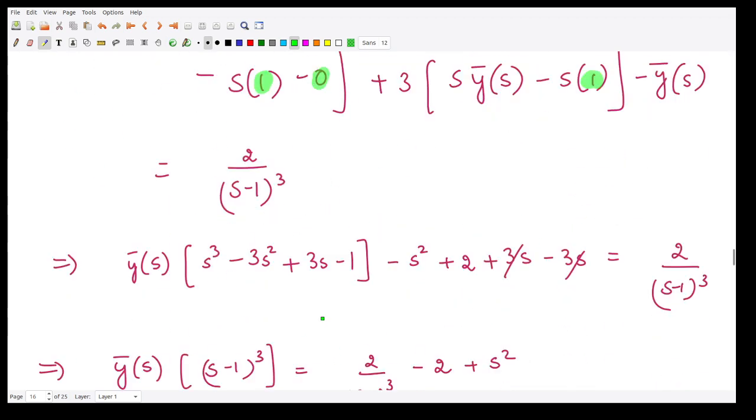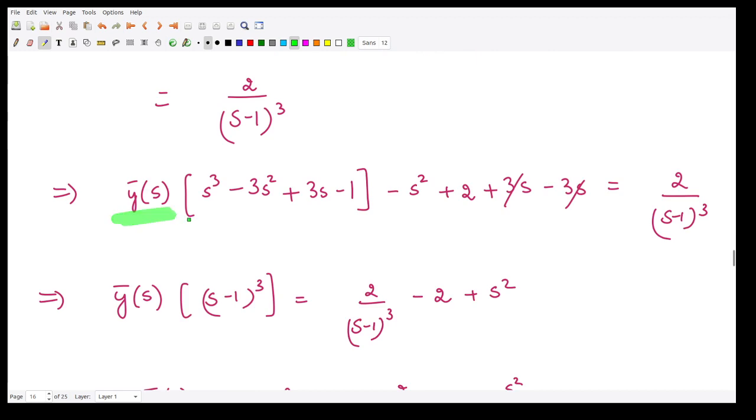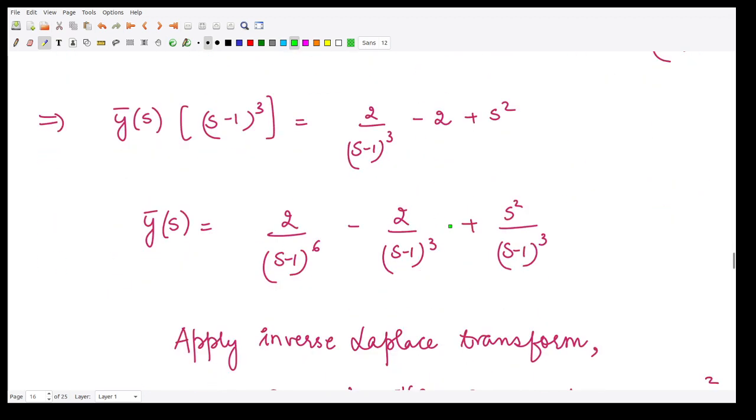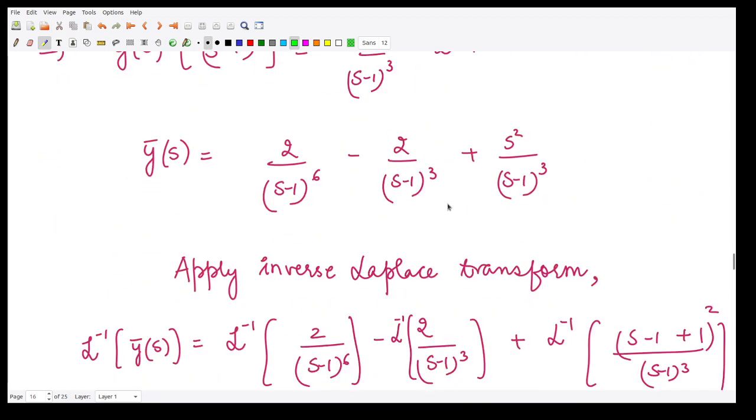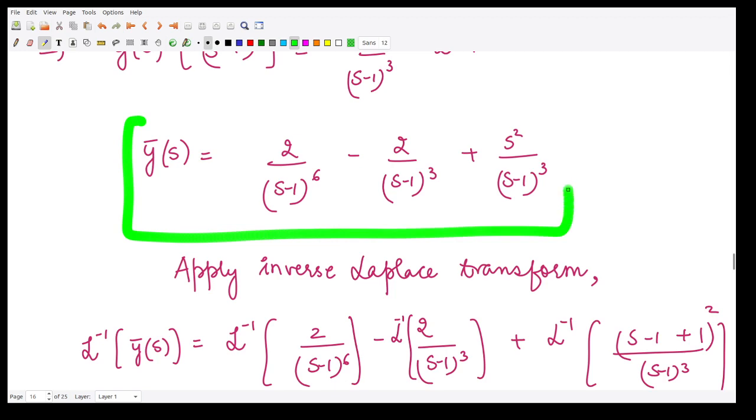So when you simplify this in terms of Y of s, finally you will obtain the expression Y of s equal to 2 divided by (s minus 1) cube, minus (2 plus s square). So we have the finalized expression for Y of s to be this particular quantity.